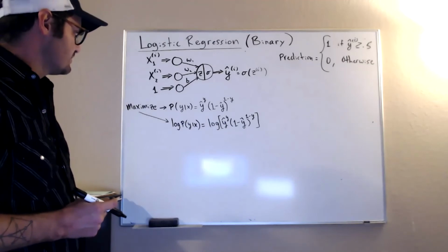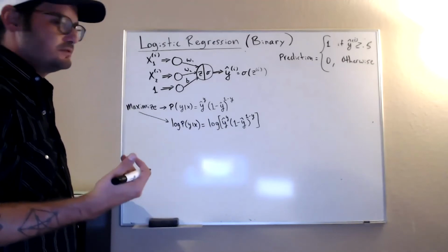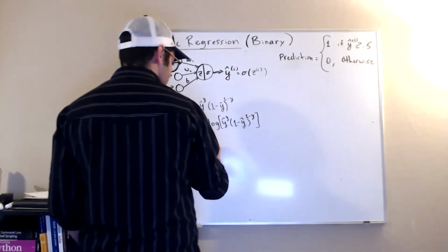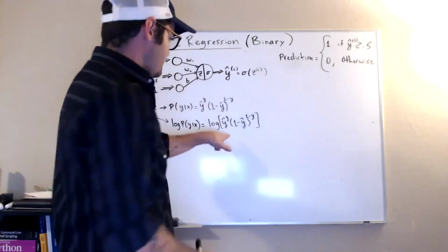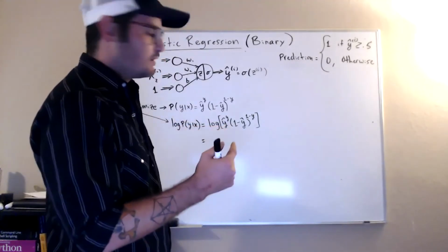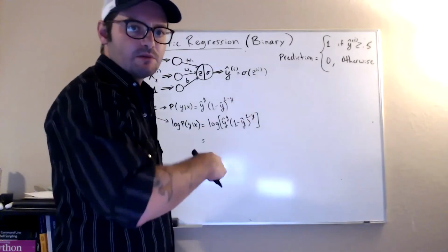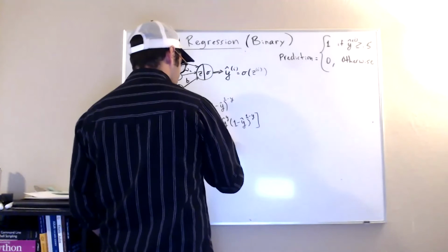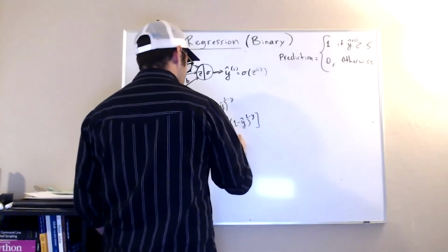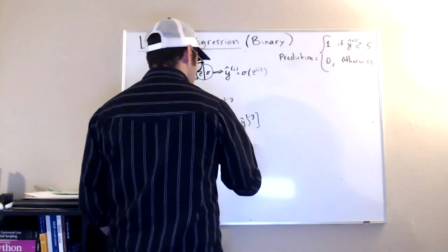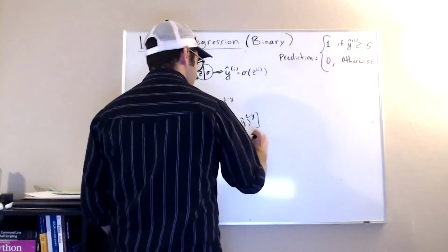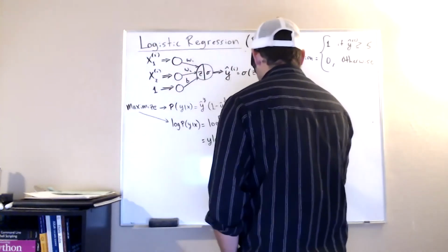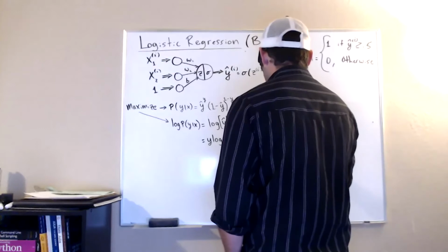They should have the same argmax. So now let's use our rules for logarithms here. The product gives us a sum of logarithms, and then the exponents become coefficients by the properties of logarithms. So we have y times log of y hat plus 1 minus y times log of 1 minus y hat.